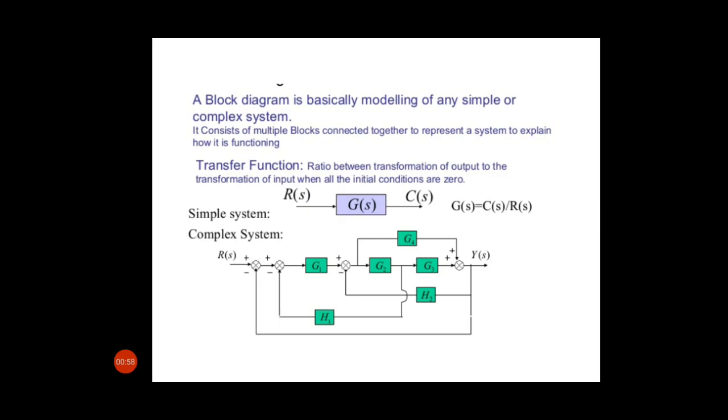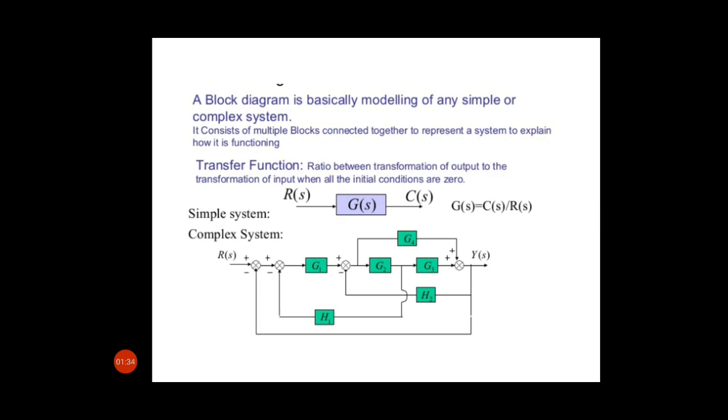So a block diagram is nothing but a pictorial representation of the components together in a control system, and the flow of signal through the components.